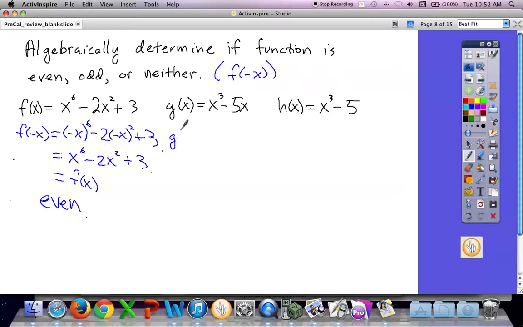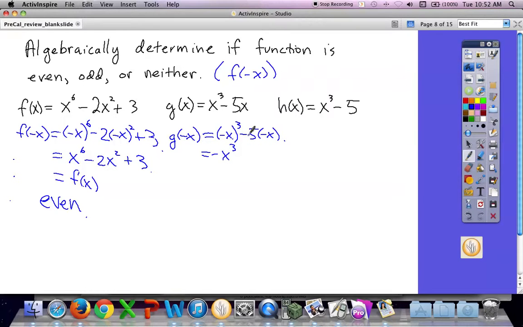If I take g of negative x, again, substitute for the x: negative x to the 3rd minus 5 times negative x. What do you get if you take a negative x to the 3rd power? Well, it's going to be negative, so that's negative x to the 3rd.